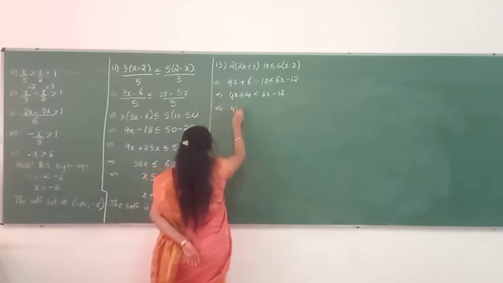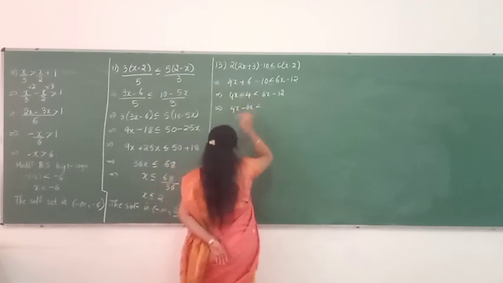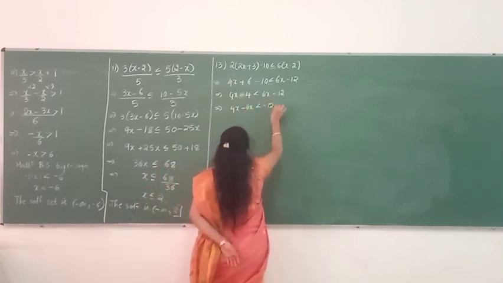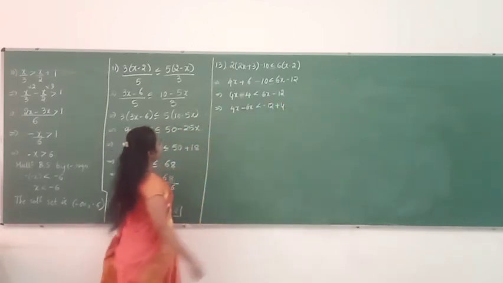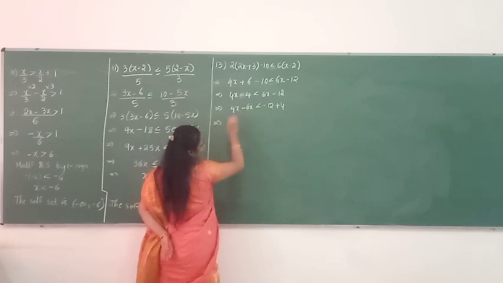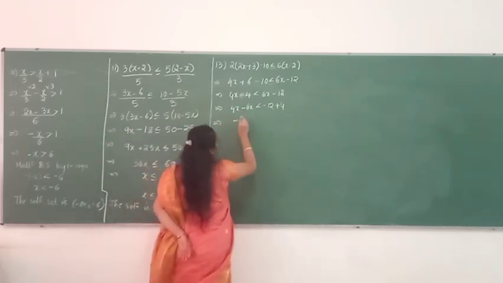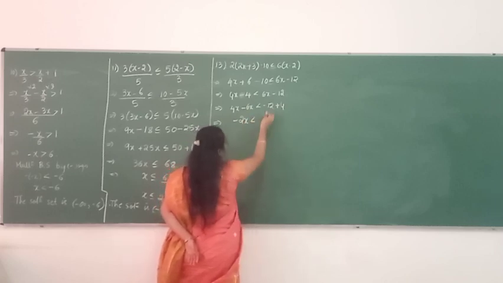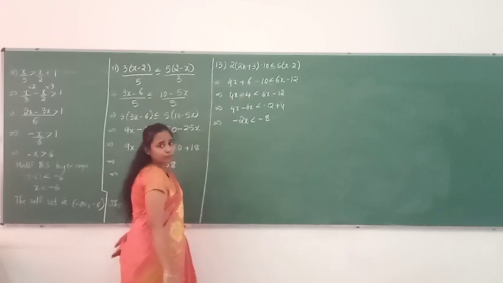Take variables to one side. So 4x minus 6x is less than minus 12 plus 4. Here 4 minus 6 is nothing but minus 2x is less than, we will be getting minus 8, since minus 12 plus 4 is minus 8.